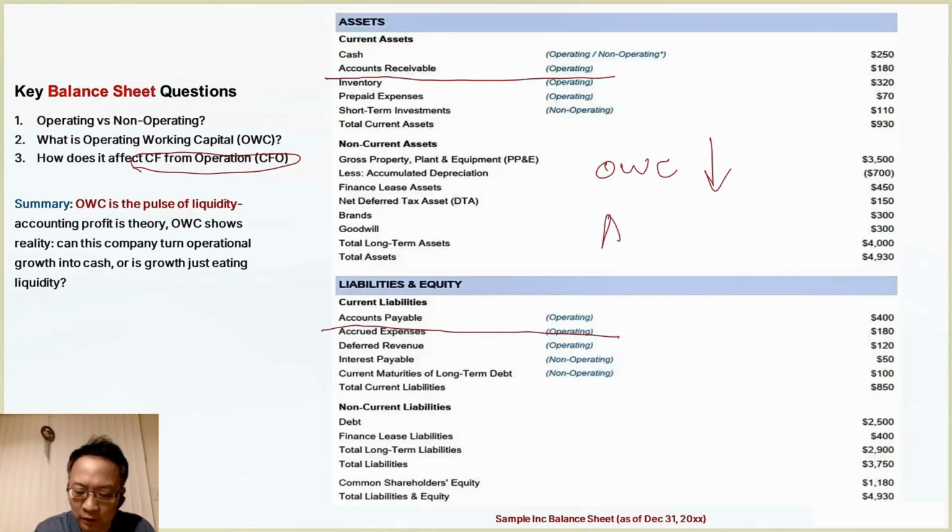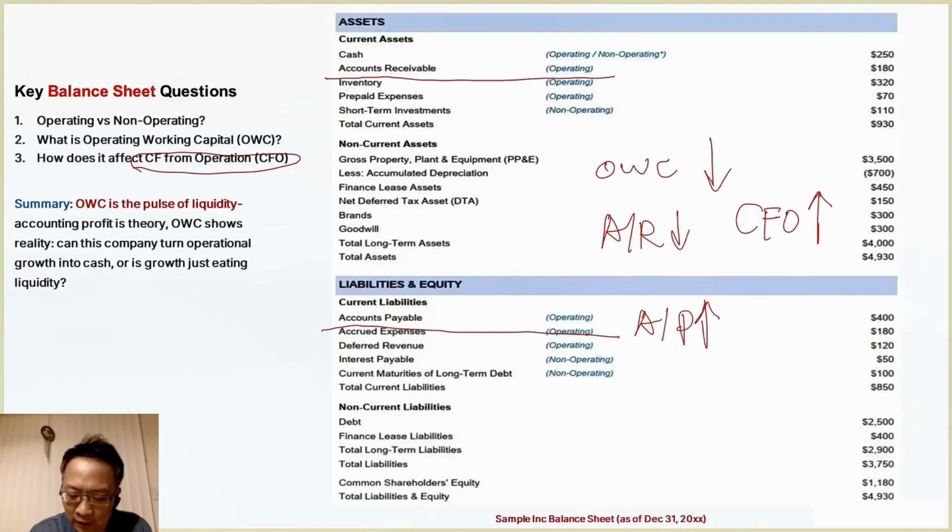If your AR decreases, it means your cash is increasing, right? Cash flow from operations goes up, because all your sales are being collected as cash instead of as accounts receivable, and there's no delay in payment. If your accounts payable keeps increasing, then your CFO will also increase because your cash stays with you, and you can pay later. You can even default, because your accounts payable is increasing, other things being equal.